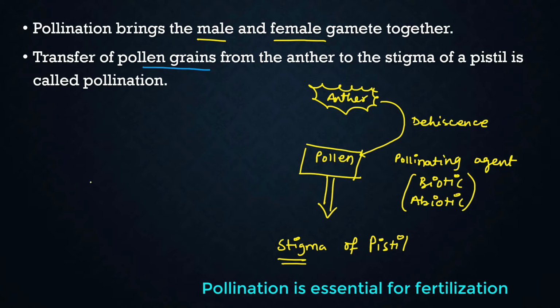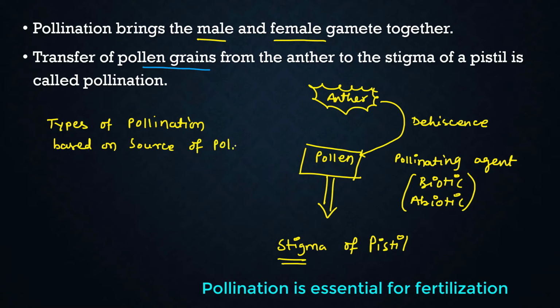Now, depending on the source of pollen, the types of pollination can be divided into three different types. So the obvious question is, what are the three types?